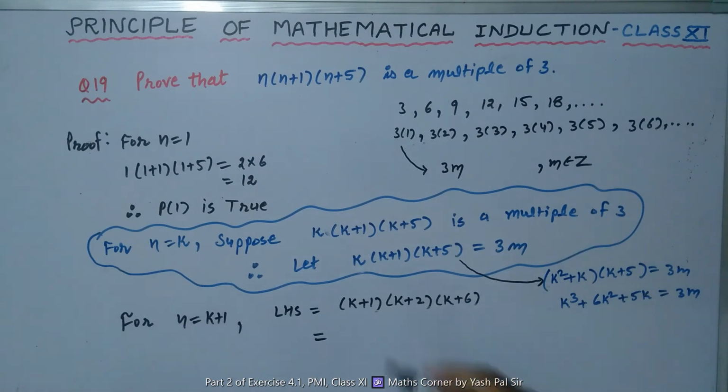First of all, multiplying the first two factors, k square plus k plus 2k plus 3k plus 2 into k plus 6.